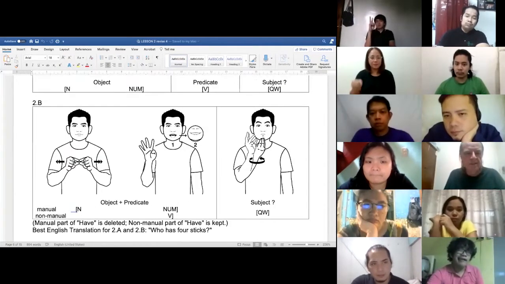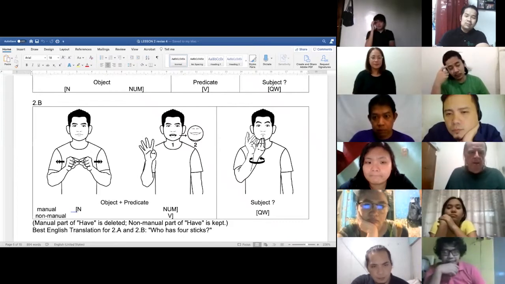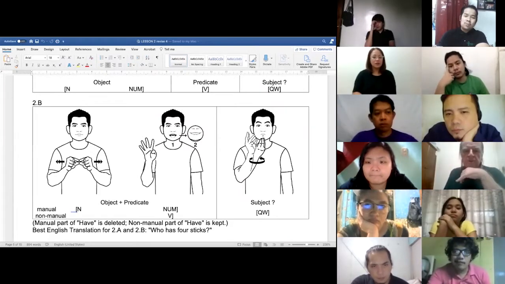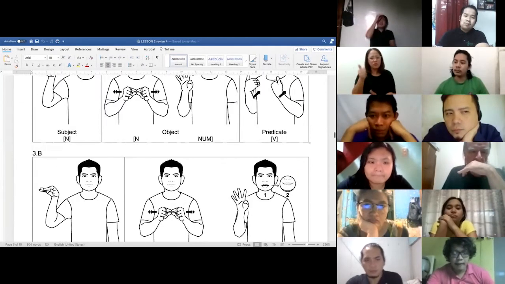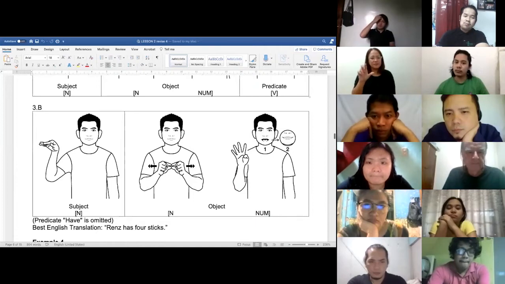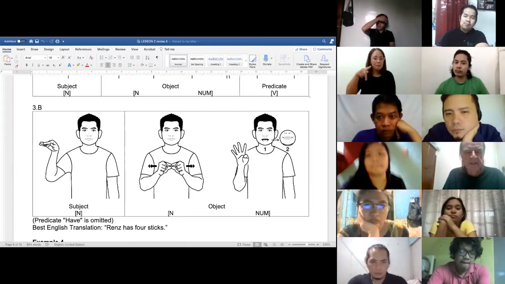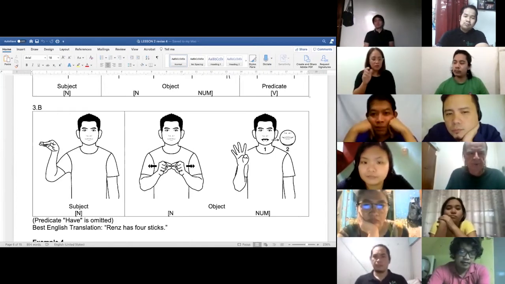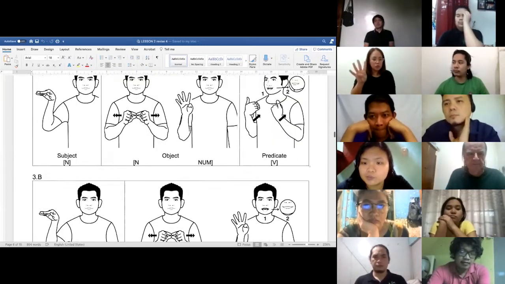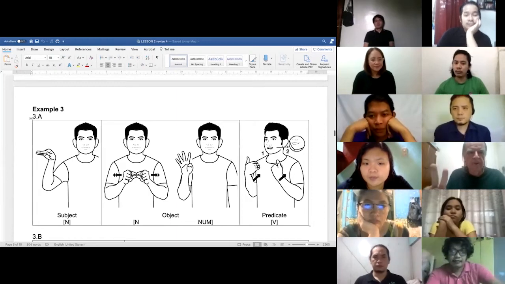Okay, yeah, so I think 2B and 3B should look similar. So really the predicate have isn't omitted. Let's go back. 2B, 2B.